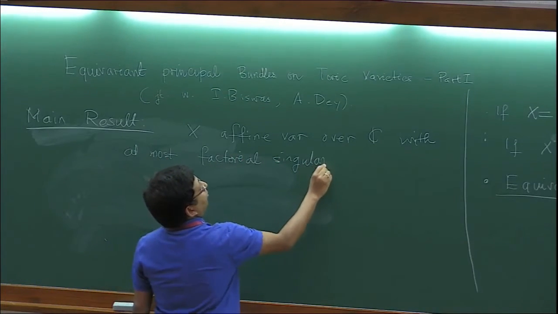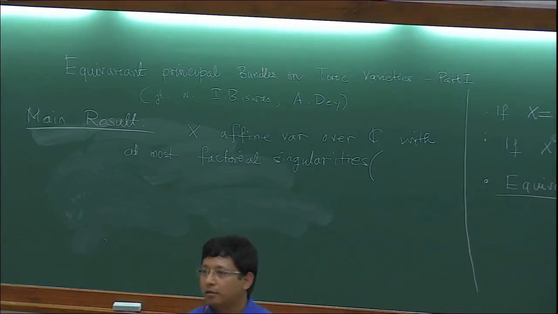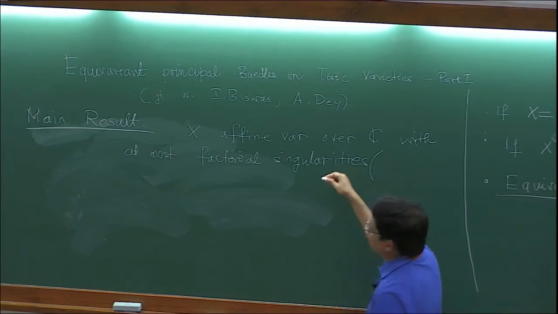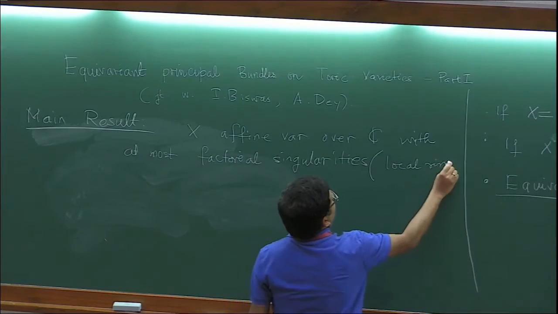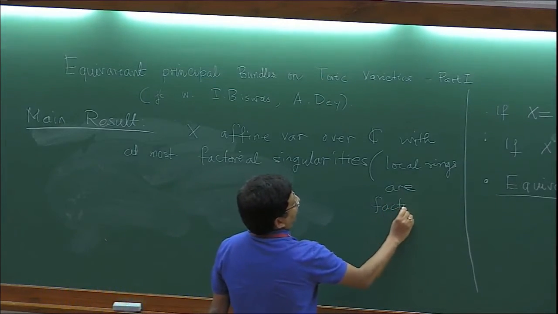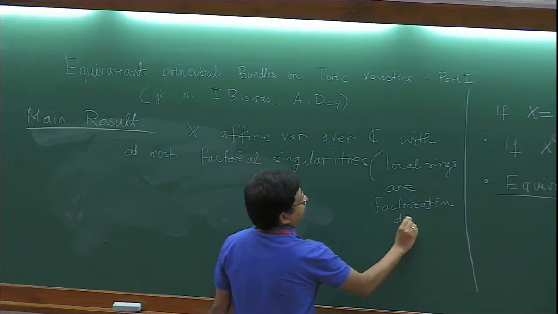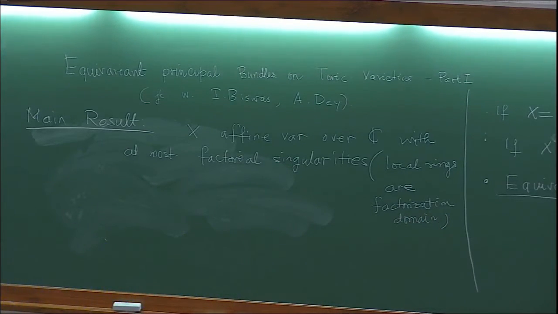So by factorial singularities, what we mean is that the local rings are not unique factorization domains, but factorization domains, so that every function will have a product decomposition into irreducible factors and units, but not necessarily unique.